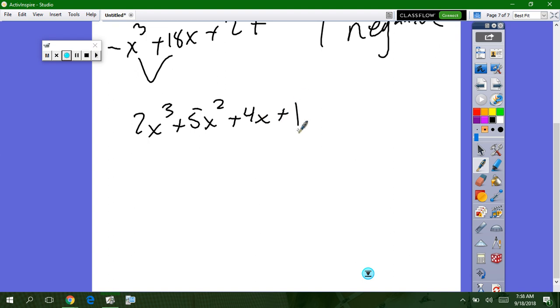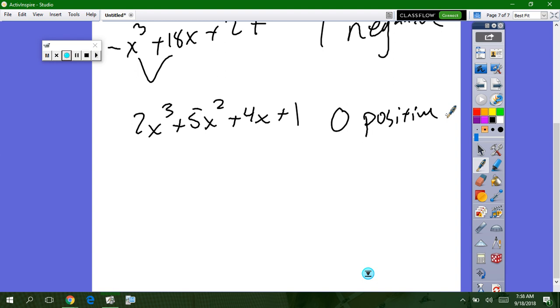How many sign changes did we have? 0. So hence, we had 0 positive choices, because there was no sign change. Does that make sense how I was talking about how you won't have any positives? Because there are no sign changes there, so therefore it can't go back and forth.